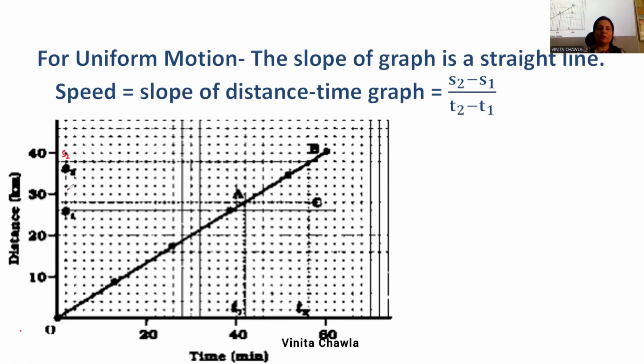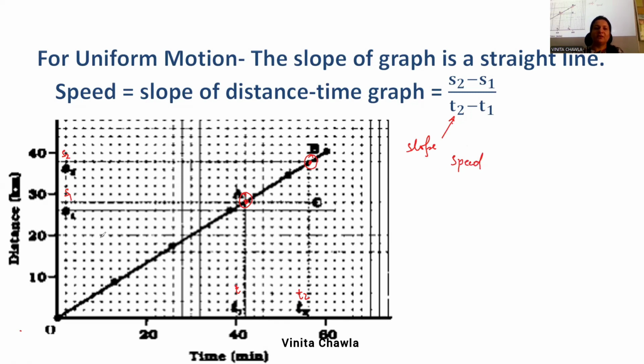And this is S1, and this is T2, and this is T1. So we have chosen these 2 points. No, it's not 60. It is just close to 60, but it is not 60. Okay. So we can find slope of this graph. How will you find slope? Using this formula, S2 minus S1 upon T2 minus T1. By finding slope, you get speed.